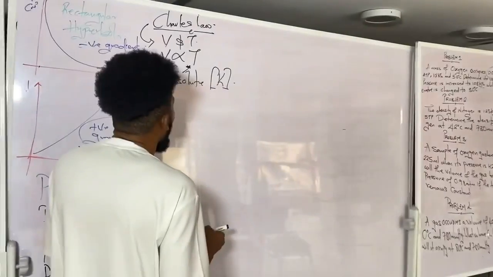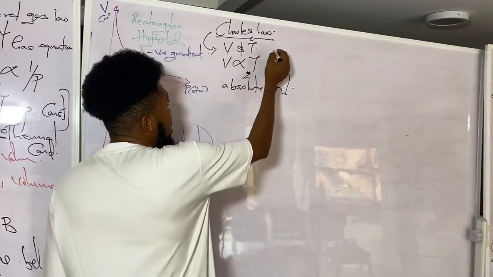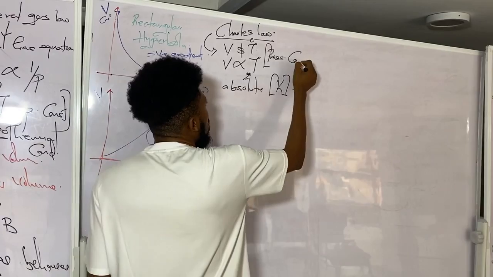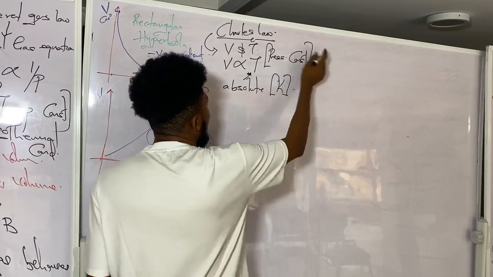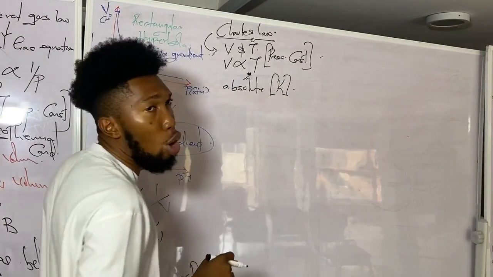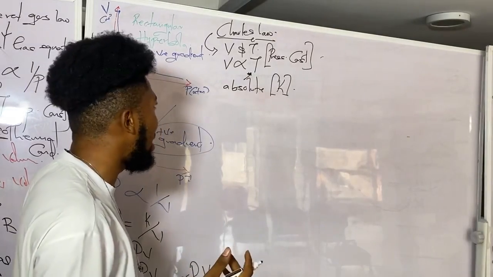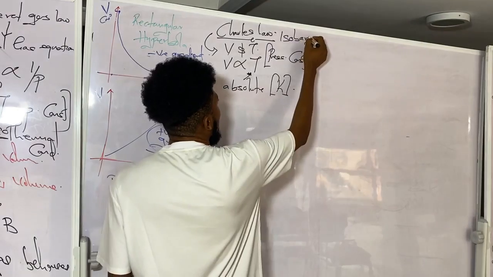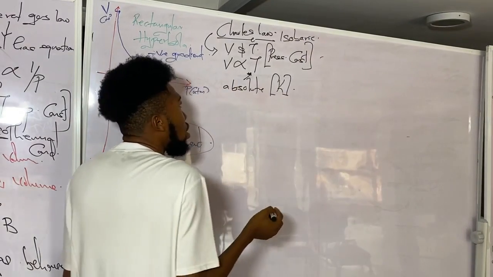Now, we've said that this law only operates where pressure is kept constant. So under what thermodynamic process can Charles' law be tested? It can only be tested in an isobaric condition.